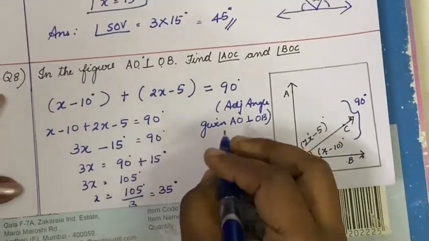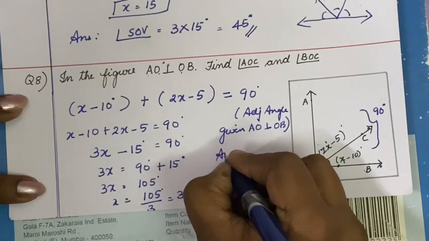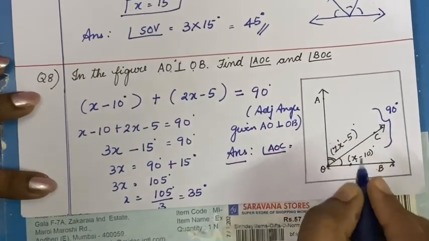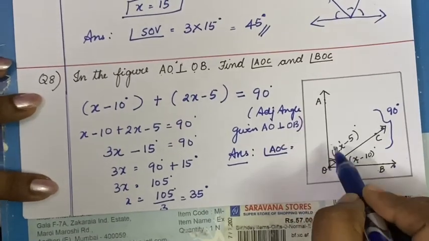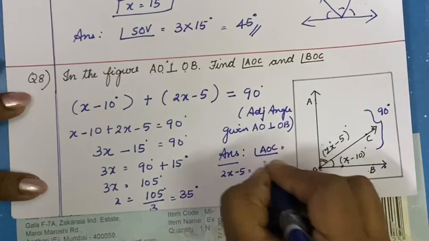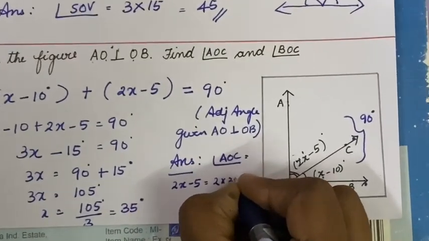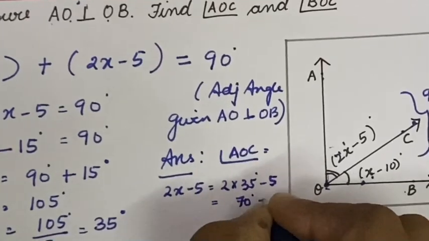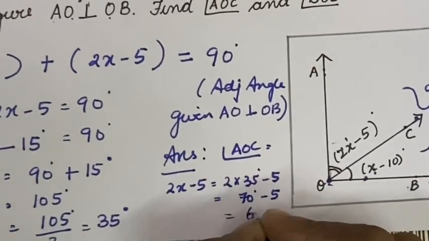But what they are asking us to find is angle AOC. What is angle AOC? AOC is equal to 2x minus 5, which is 2 into 35 degrees minus 5, which is 70 degrees minus 5, which is equal to 65 degrees.